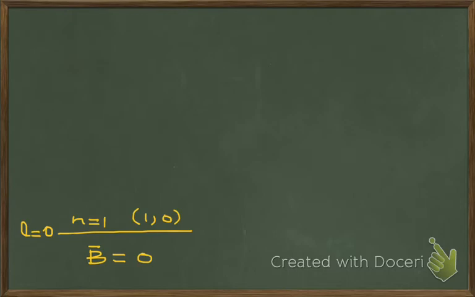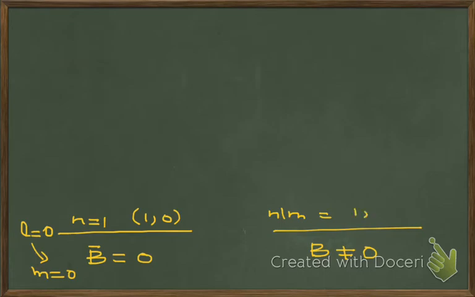But when the magnetic field is turned on and is not equal to 0, there will be no splitting of the ground state level, as L is 0, which means m equal to 0. So there will be no splitting. This is the first energy level, 1 0 0.